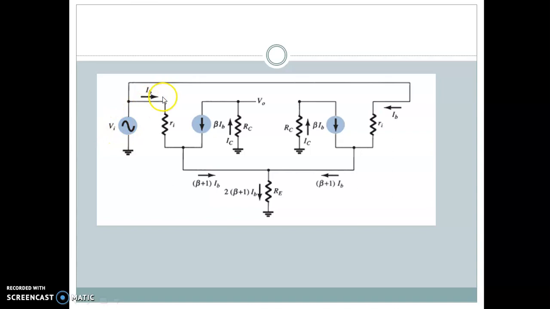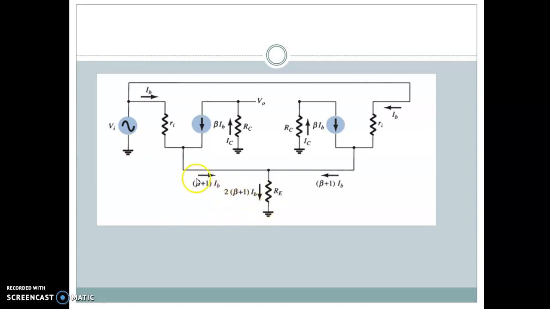VI by IB is going to be R pi, because the current through this is IB, plus 2 times beta plus 1 times IB into RE. So the input impedance is approximately 2 beta RE, which is very large. If you take beta as 100 and RE as 1 kilo ohm, then already this is 100 kilo ohm, and 2 times it is 200 kilo ohms.